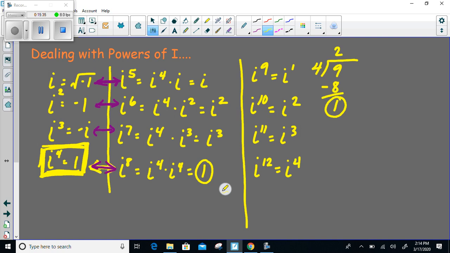Now, I would be remiss if I didn't tell you that you can take your TI-83 or TI-84, go under mode, and switch it from real to a+bi.